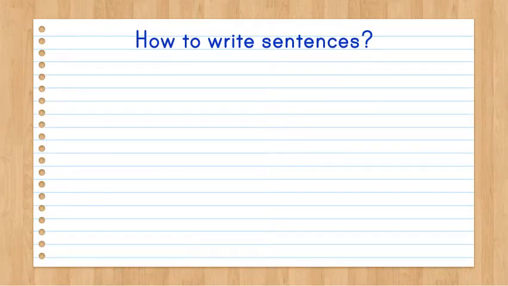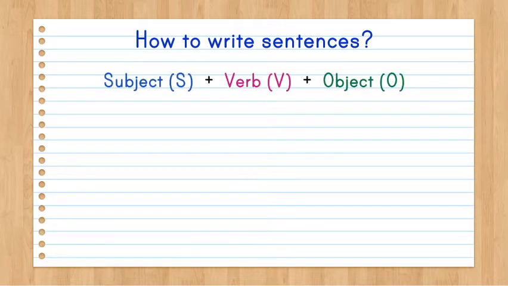First, how to write sentences. Look at the screen. This is the rule of writing a simple or a basic sentence. A simple sentence has one subject and one verb, which contains one idea. The subject is the person or thing you are writing about.